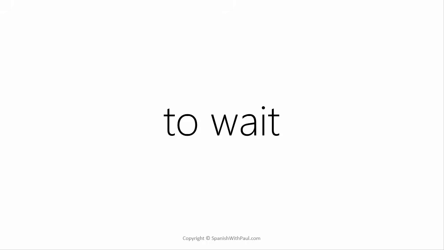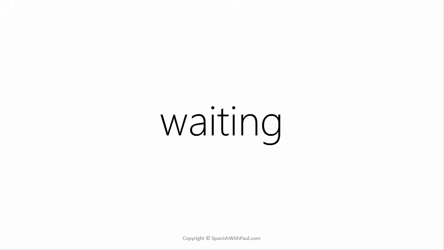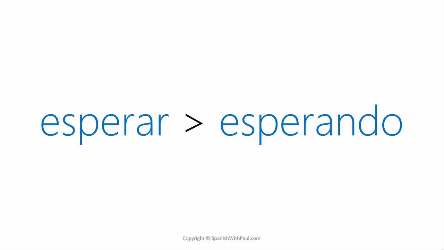What's the verb to wait? Esperar. Now, to express waiting, here we have our ing. So the sound of esperar goes to esperando. Here again we have the same ando sound representing ing.